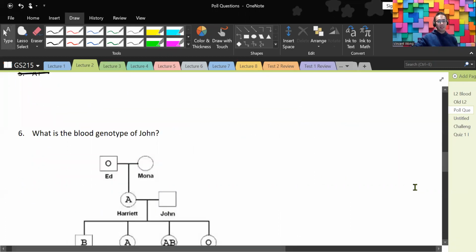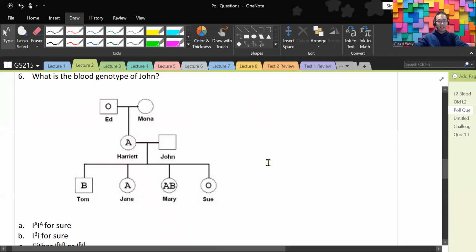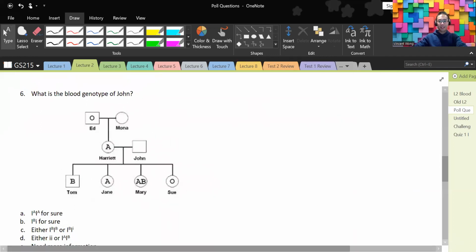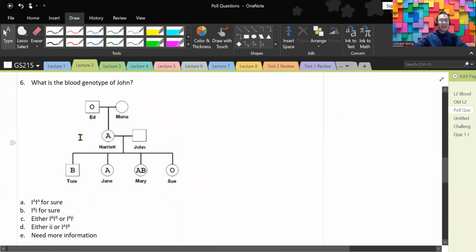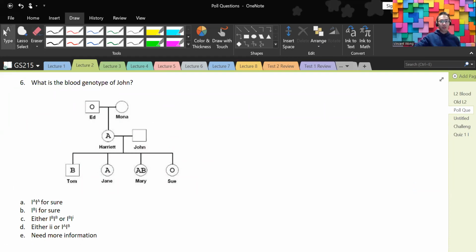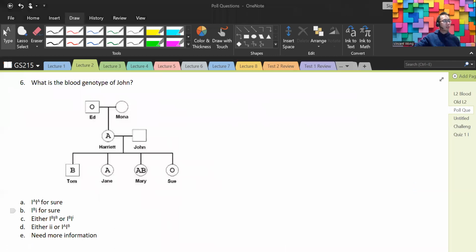Okay. All right, now this is what you've been waiting for. This is the pedigree. What is the blood genotype of John? Here's John. I'm gonna let you try that. Okay, relaunch the poll. I'm gonna give you 2 minutes for this.